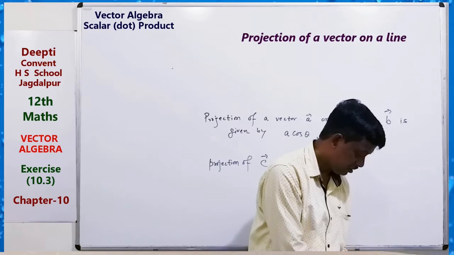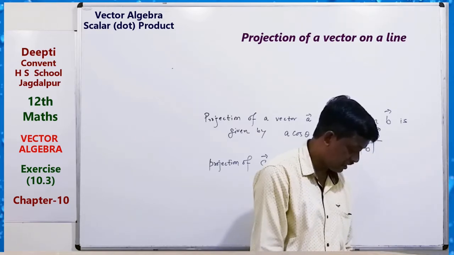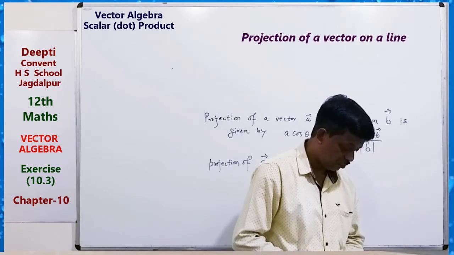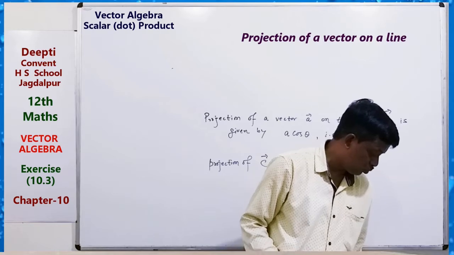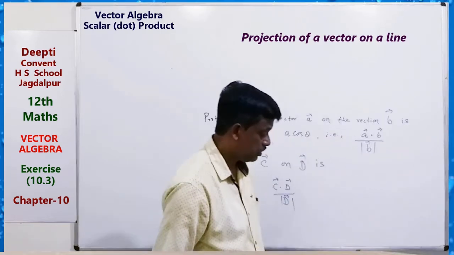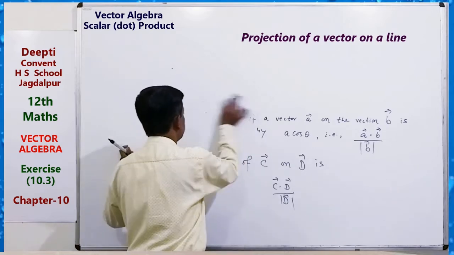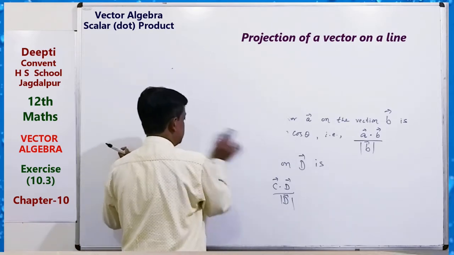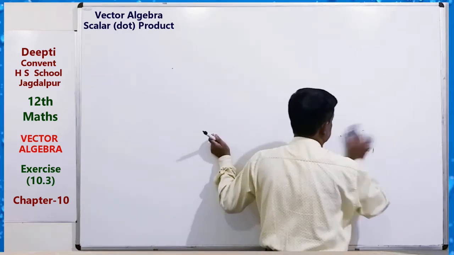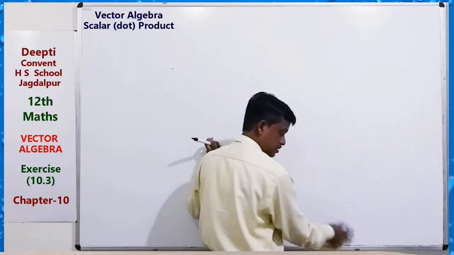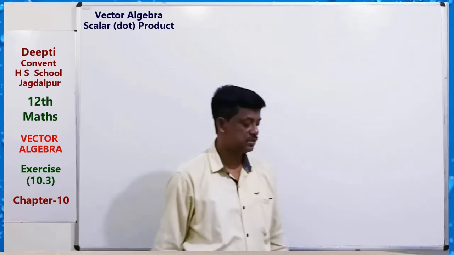Okay. So here take exercise 10.3. Also here two important properties are there, very important, that is Cauchy-Schwarz inequality.